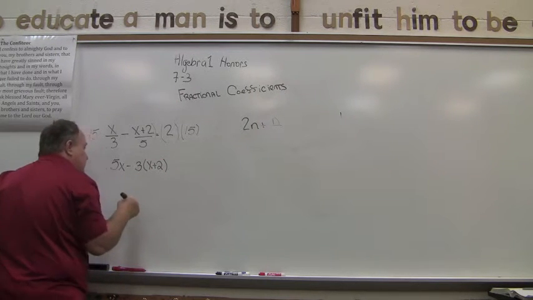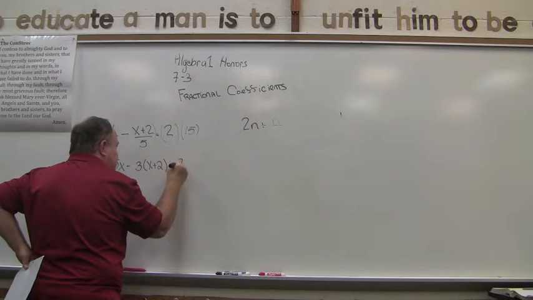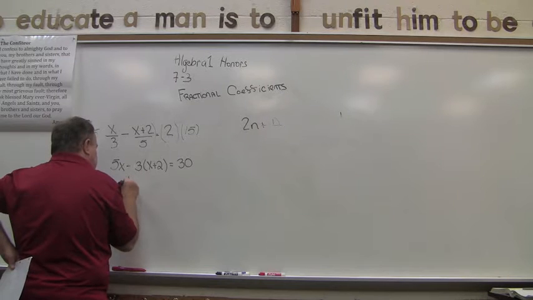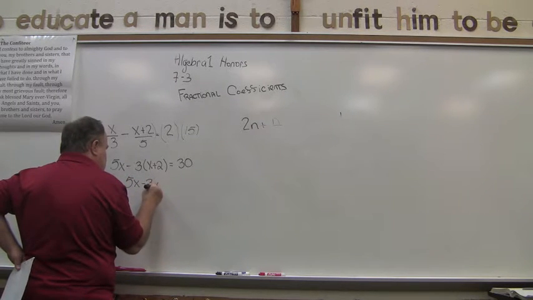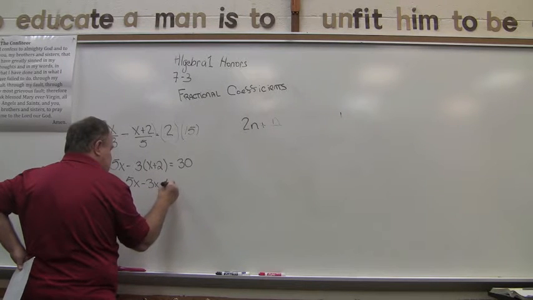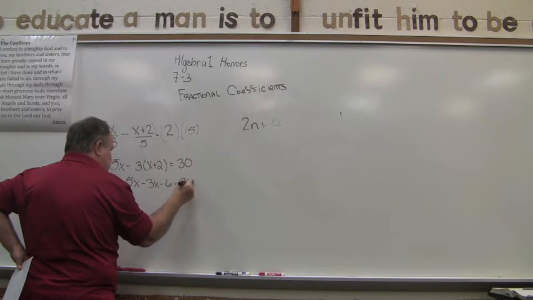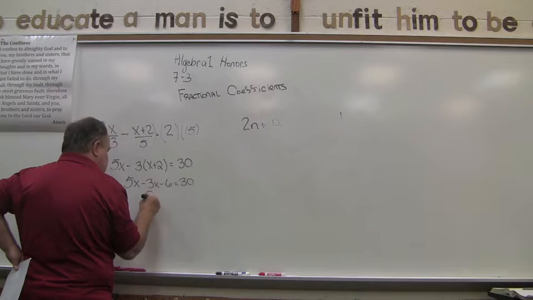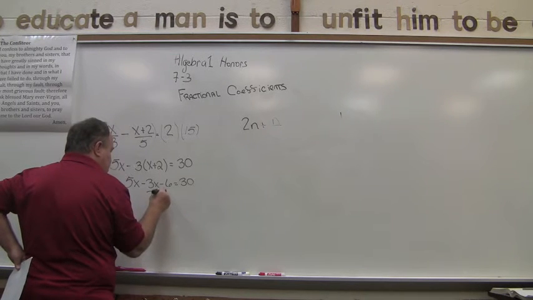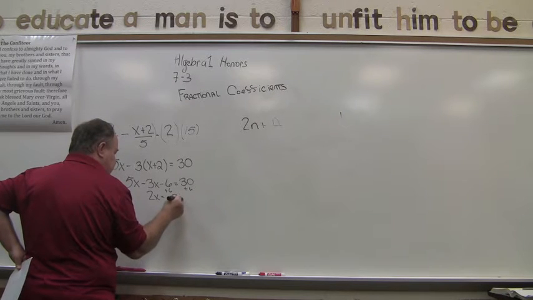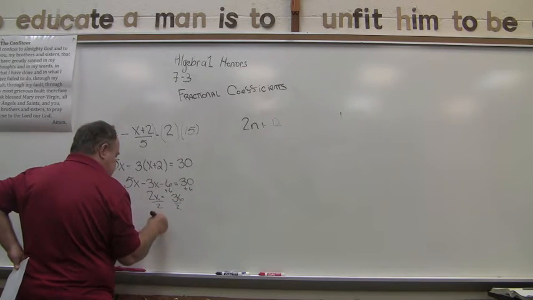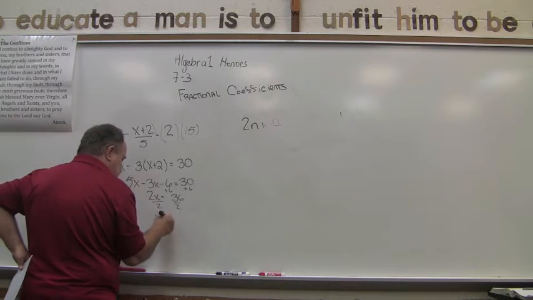We're doing really good. And over here it will be 15 times 2, which is 30. So 5x minus 3x minus 6 equals 30. This will be 2x. We bring that 6 over and we get 36. Divide both sides by 2, and we get x equals 18.